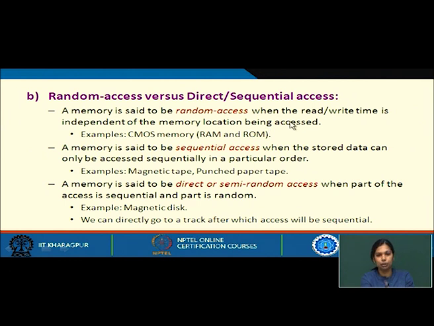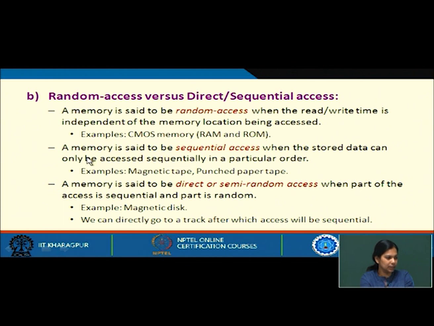That means, you either hit location 0 or the last location or the middle location, the access time is the same. Whichever location you access, the access time will be the same irrespective of the location. The example is CMOS memory, that is RAM and ROM, both are random access.